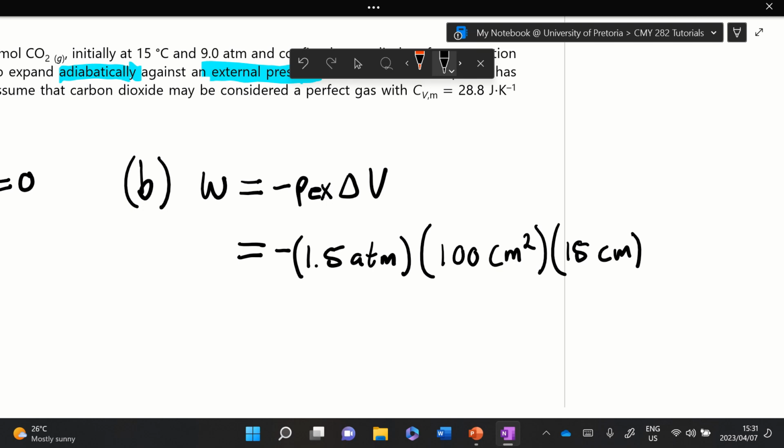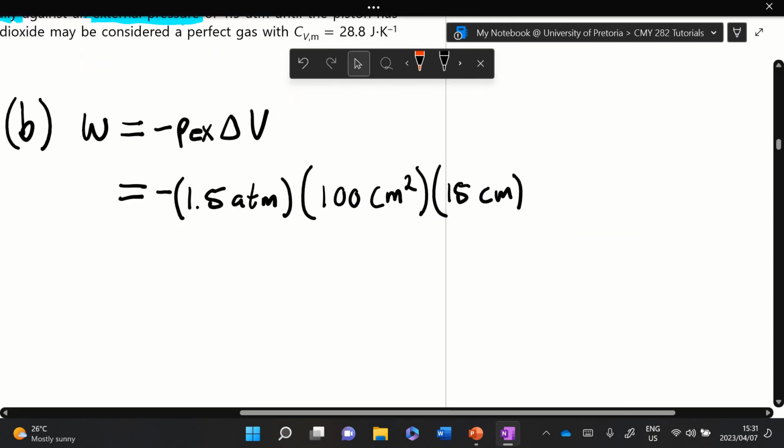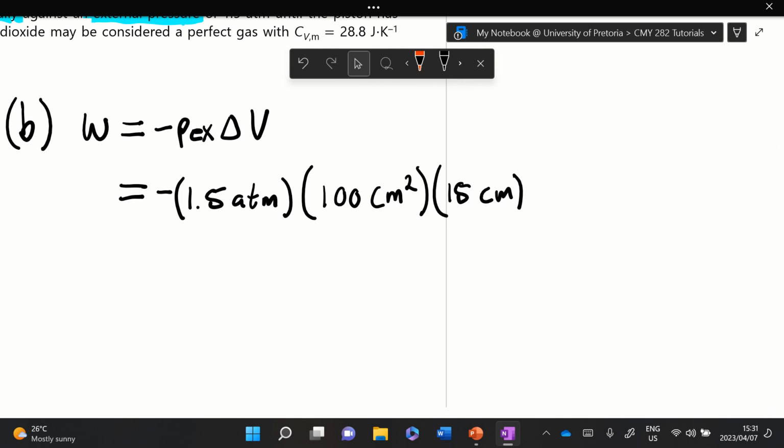How much is this? It's 1,500 cubic centimeter, so that's 1.5 liter. Yeah, that's fine. Okay, so I'll just plug that in.